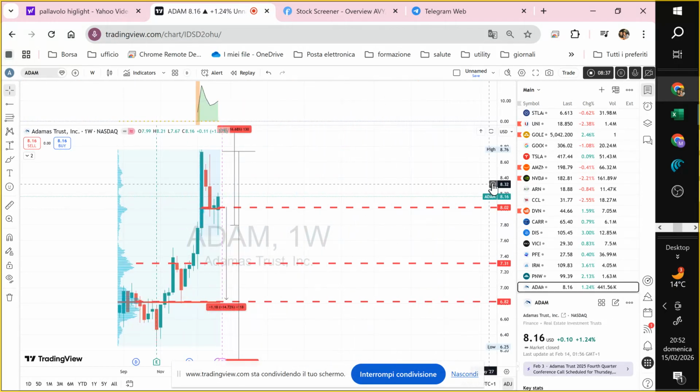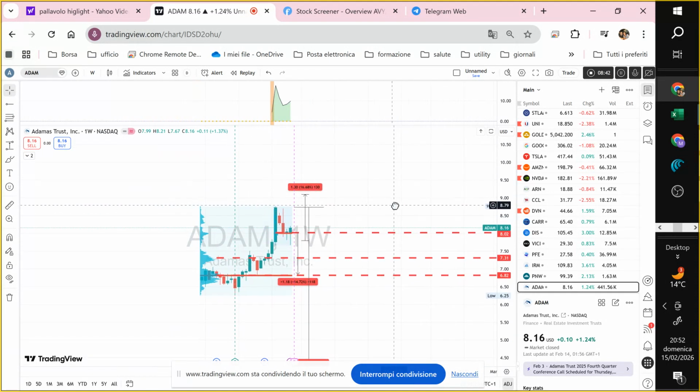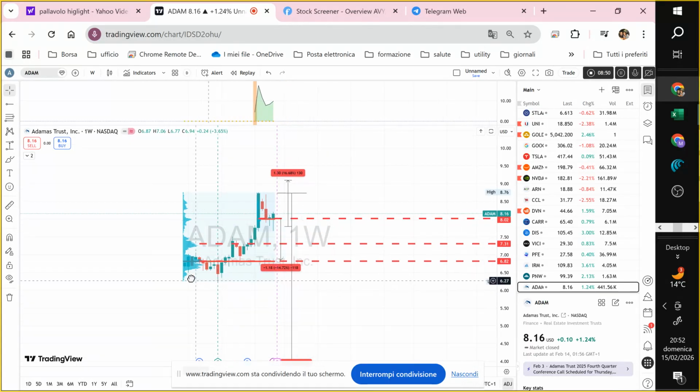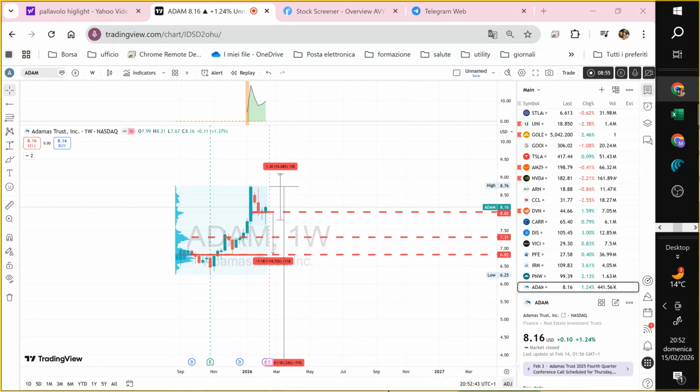Very speculative, very aggressive: Adam. Adam is a recent stock, a new listing. I think it's very, very difficult to establish if the first price quotation is undervalued at the beginning, in the three or four months following the first quotation.